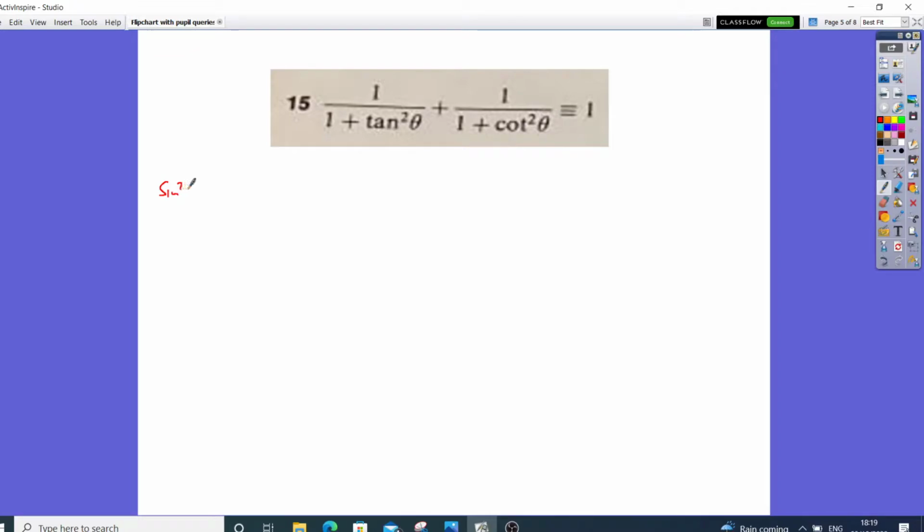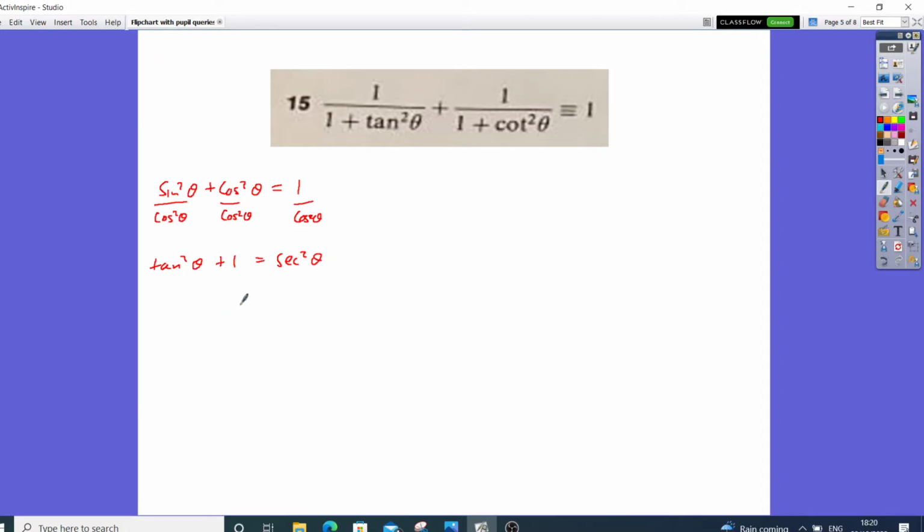If we put sine squared theta plus cos squared theta, and we know that's equal to 1, and if I divide everything by cos squared theta, I'm going to get tan squared theta plus 1, and that is the same as 1 over cos, which is sec squared theta.